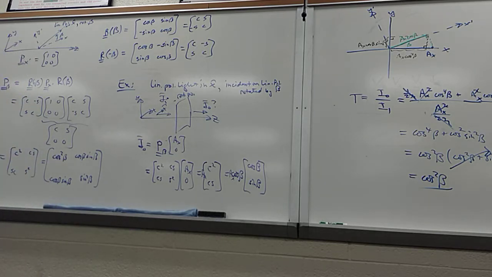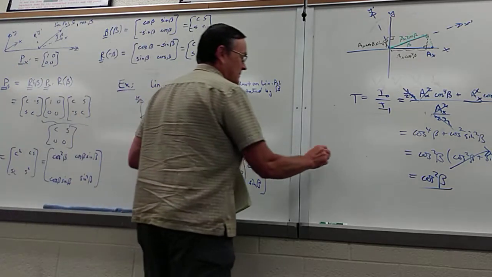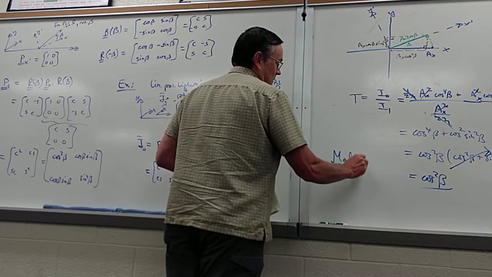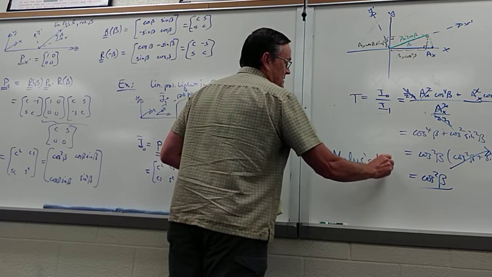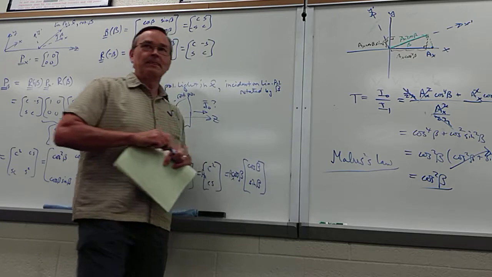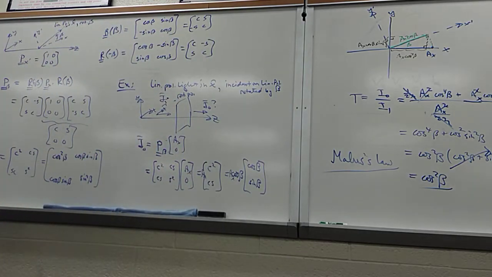This is called Malus's law. Why is it called Malus's law? Because way back when, before this was understood, some guy was playing around and he found this relationship, it's always cosine squared beta, and got his name slapped on it, and there he was.